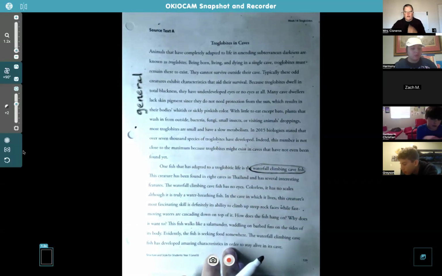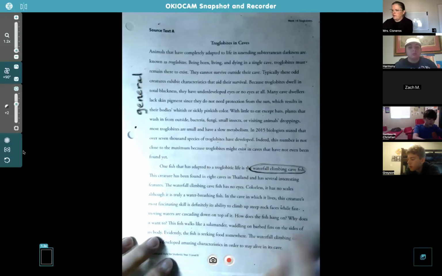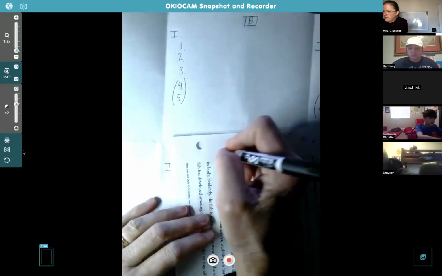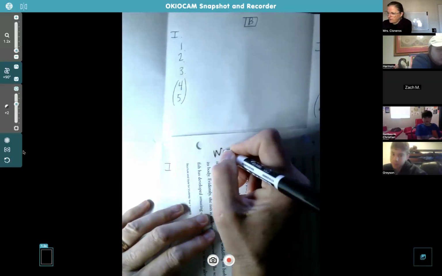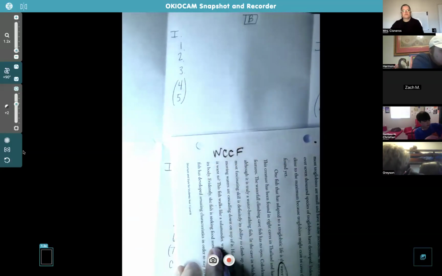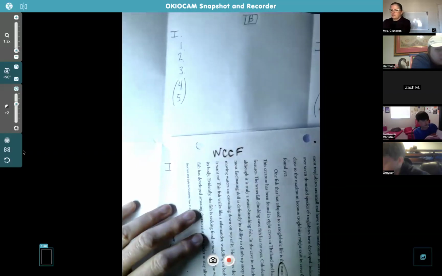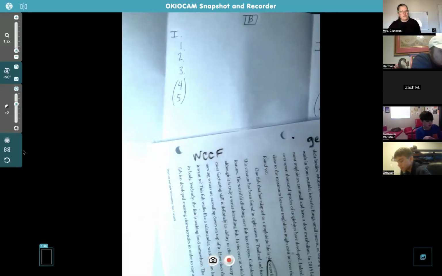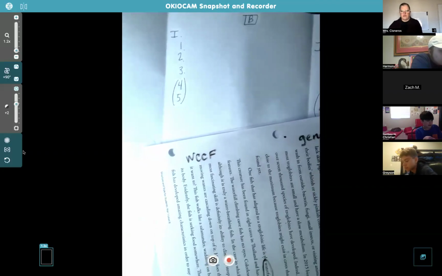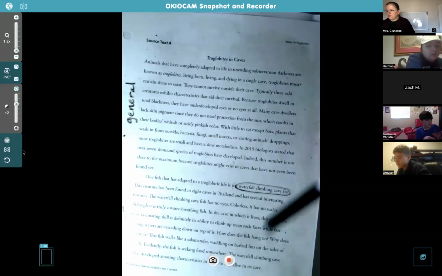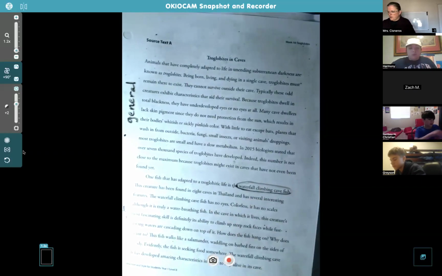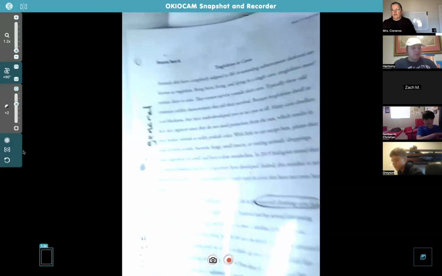That is what this paragraph is mostly about. Instead of writing all of that, we're going to initial it, so it'll be WCCF for waterfall climbing cave fish, in the margin. Now we're getting into more specifics about specific troglobites. This is the first one, and we circled it so we can remember what that initial stands for. Okay, good job, Christian.